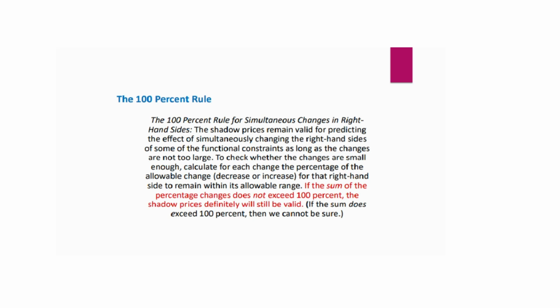For the divisor of the percentage changes, we will go back to the sensitivity report that shows the allowable range. The important aspect that is related to the changes in the right-hand side of the functional constraints is the shadow price.